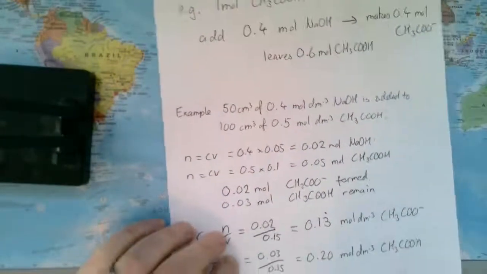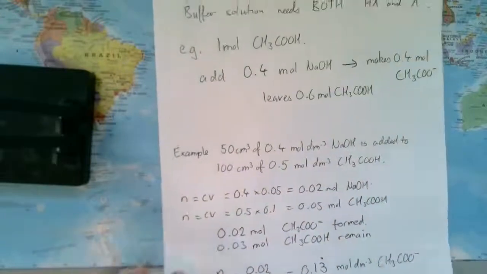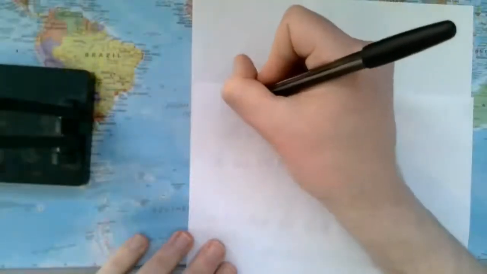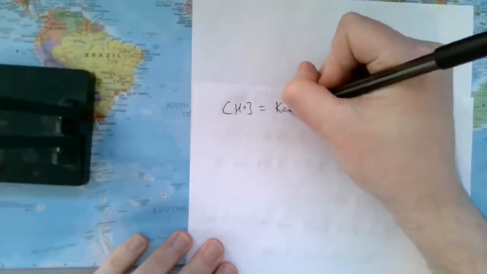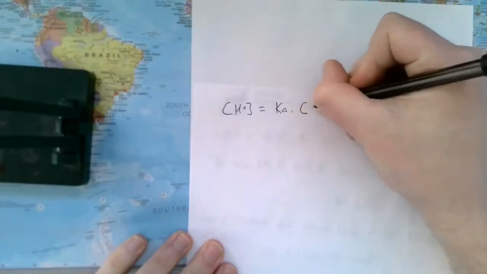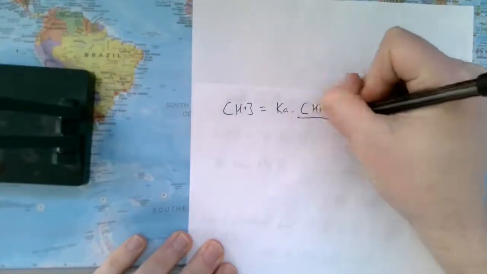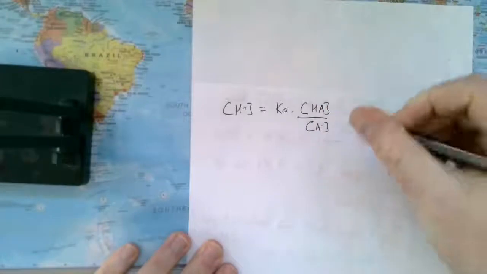At this point, we now have the concentrations. The Ka is the same as it has been for all of the other ones, so what we can do is work out the concentration of H plus. Please, in exam questions, write the whole things out.